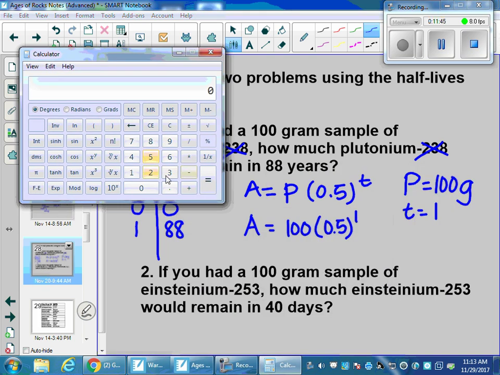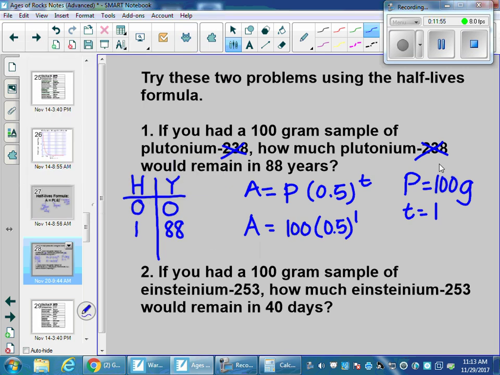Remember to do your exponents first, so 0.5 to the first power, which is 0.5, times 100, and you get 50. So your answer here would be 50 grams. There are 50 grams of plutonium-238 remaining. That also tells you that 50 grams would have decayed, because you started with 100.